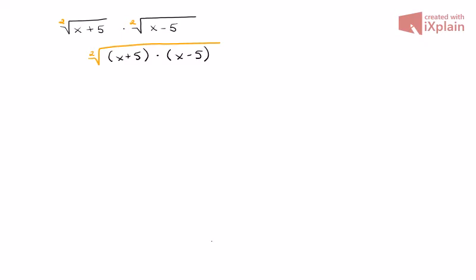So to begin, remember that FOIL stands for first. So x times x, and actually let me go ahead and draw my magical square root there. So we'll get x squared, followed by our outer, so that will be x times negative 5.